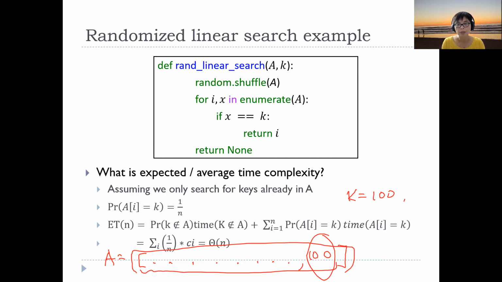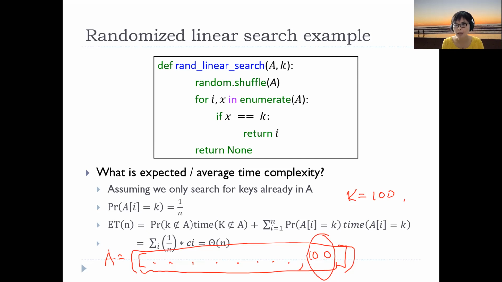It's important to remember that a randomized algorithm is not deterministic. Namely, even when you have the same input, when you run it multiple times, your running time is different. What we're really computing with the expected running time is, when you average all these different runs, what is the expected time.